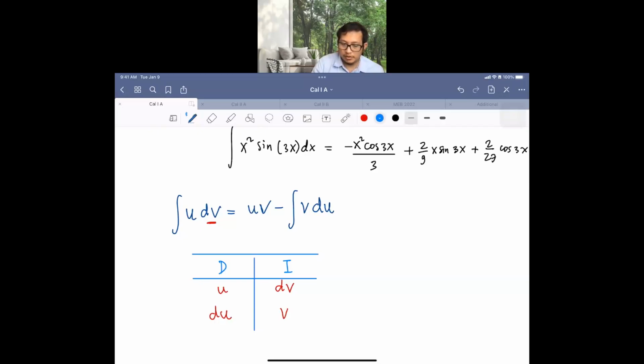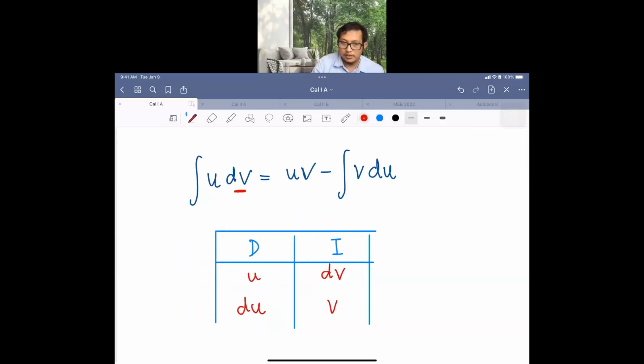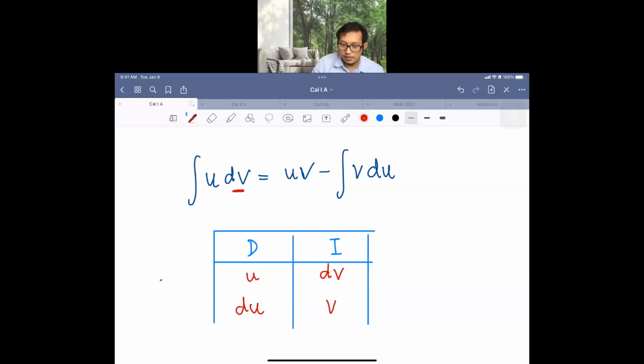So from this table, let's multiply the first part with positive, and the second part with negative. What we can do is multiply u and v, and multiply v and du.